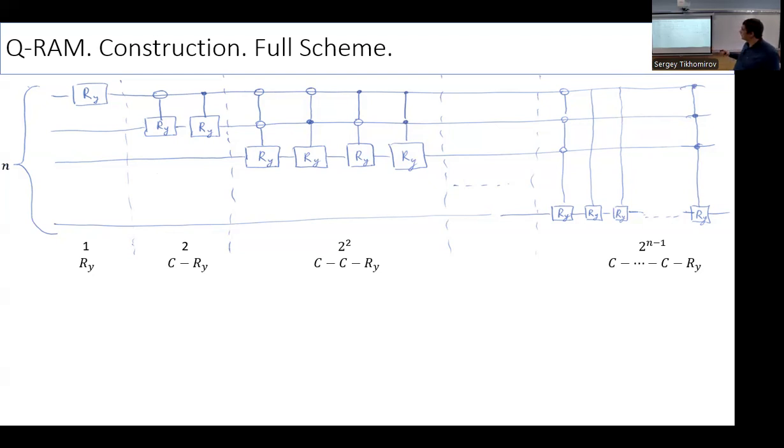If I go to the third qubit, there will be 4 operations corresponding to control by 00, 01, 10, 11, and so on. So in the end, on the last qubit, I would have 2 to the power n minus 1 different operations, each a certain rotation controlled by n minus 1 qubits. So this is how the scheme will look.